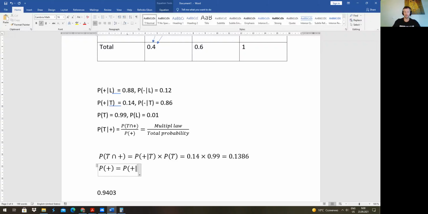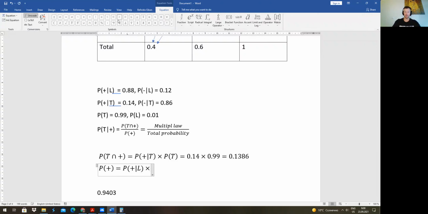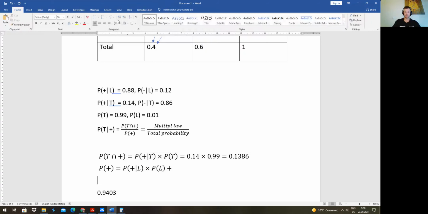So first of all, the probability of a positive response given the person lies, multiplied by the probability that the person lies, plus this.